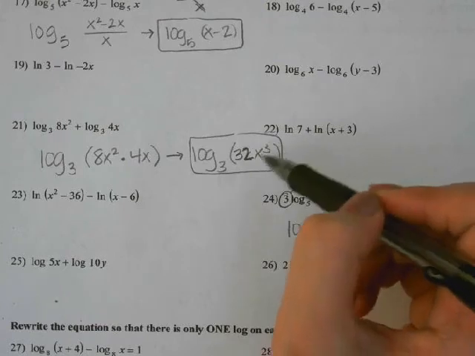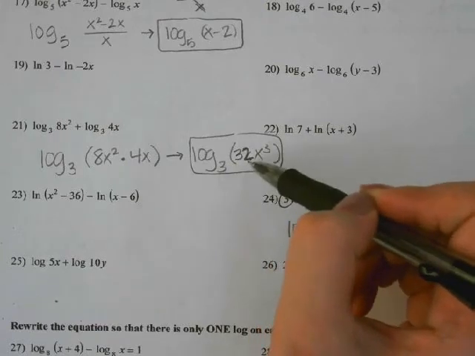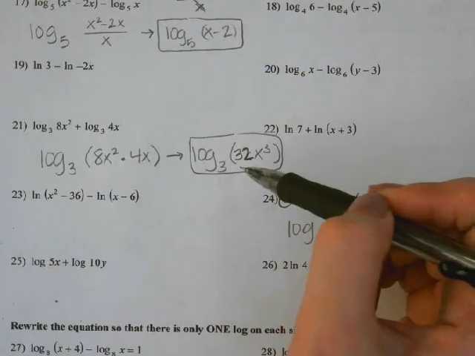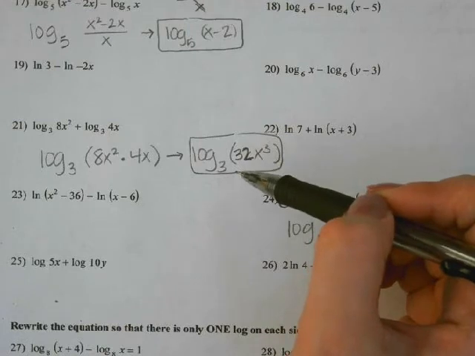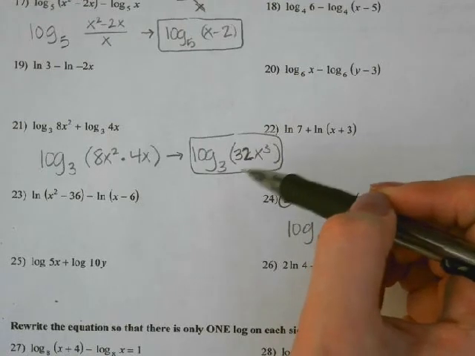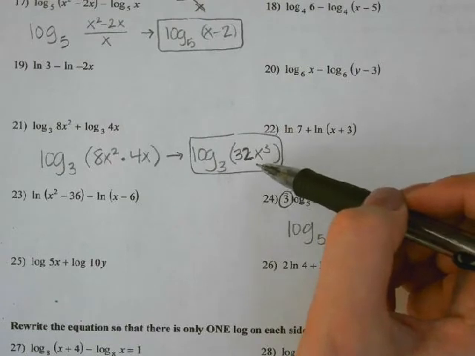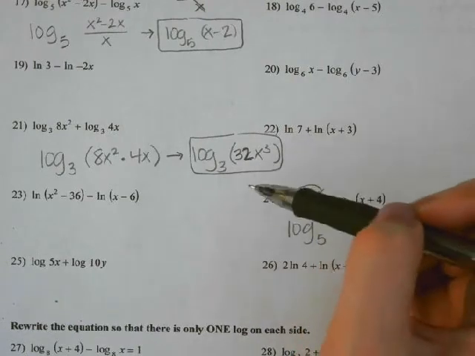Because it's possible that log base 3 of 32 happens to be the number that comes in front of the x. The way you show that's not the case, that the x to the 3rd is part of it, is by putting it in parentheses. But you'll see it both ways.